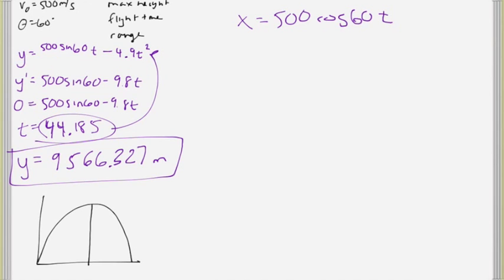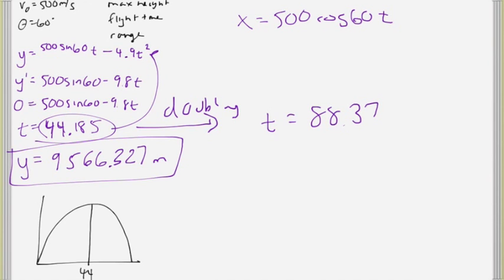Since we already know that it took 44 blah blah blah seconds for it to get halfway, it must take twice that to get all the way. So flight time, if you already know the other part, becomes just taking this and doubling. And so the flight time of this thing is 88.37.